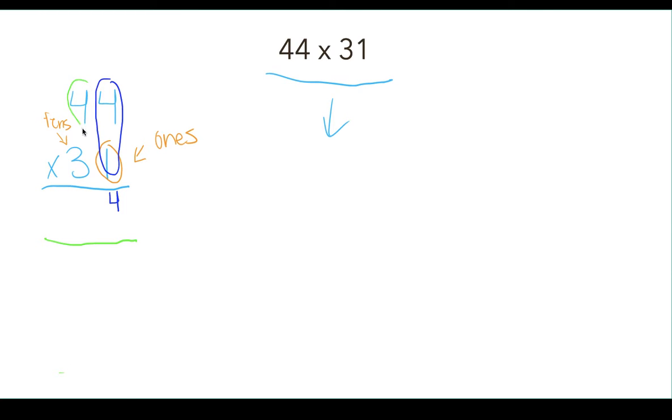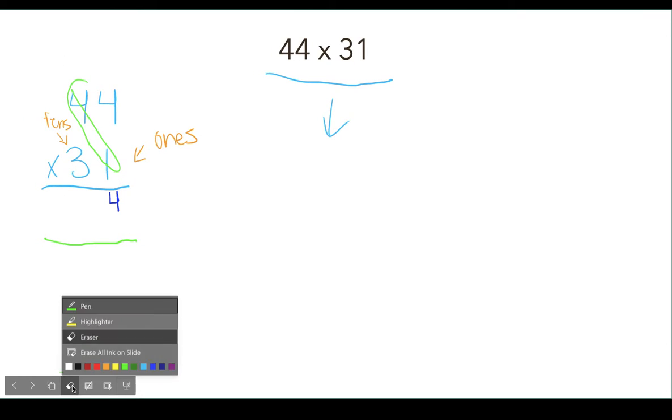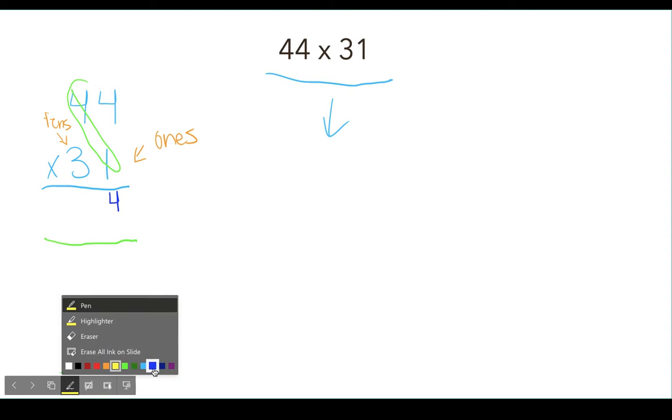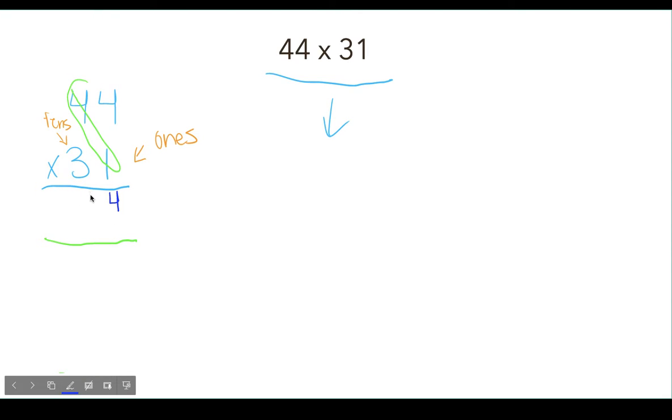I'm going to solve for this green chunk. To make it easier to see, I'm going to delete these 2 circles. So what is 4 times 1? 4 times 1 is going to be 4. Just write that 4. Okay.